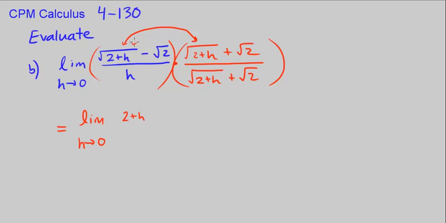Then we multiply the first and last terms: square root of 2 times square root of 2 plus h. Inside the square root that is 2 times 2 plus h, or 4 plus 2h. Plus, let's multiply these two terms.